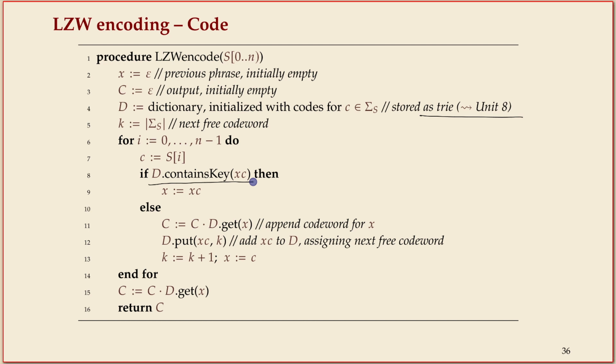And we'll see that tries allow to do this in essentially constant time if you keep adding one character at a time. We'll come back to that when we discuss it in Unit 8, so you can revisit this. But basically it can be implemented using a trie so that when you add one more character, you can do this in constant time to check whether you can add one more character and you still have a dictionary phrase.